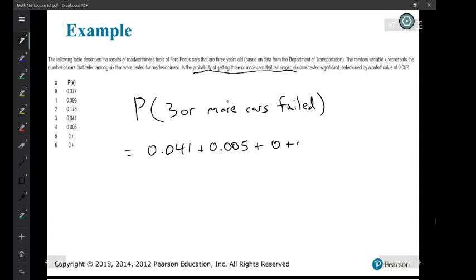The probability of just 3 cars would be 0.041, but the probability of 3 or more means add up all of these probabilities from 3 onward.